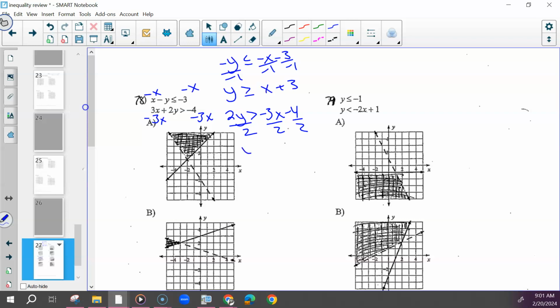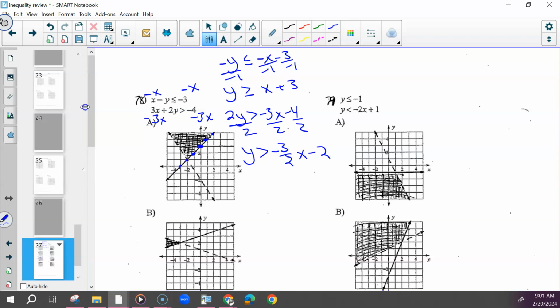The sign stays the same on the second one. So for the first one, we know it starts at 3, and the slope is 1. So far, the solid line is matching, and it's shaded above, so that works.